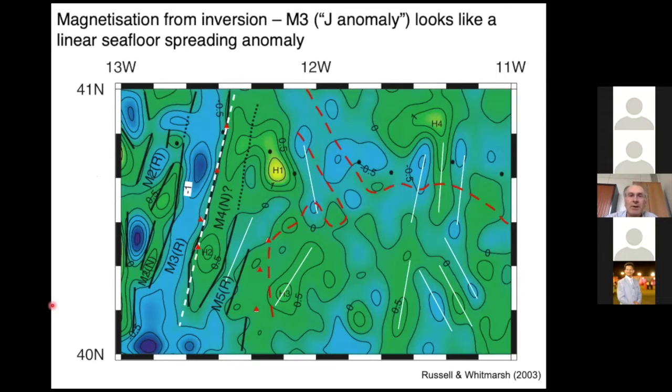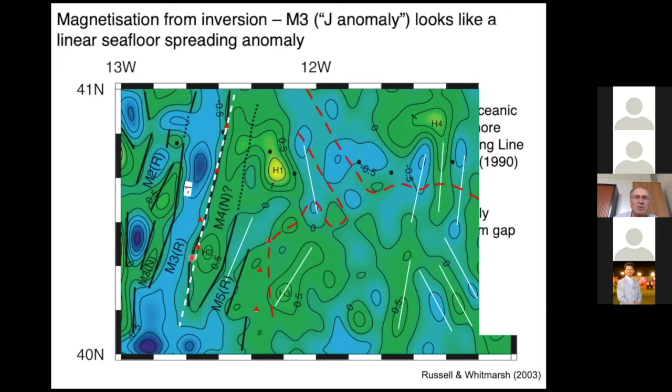This is a magnetization inversion from this area, and the interpretation here was that this J anomaly corresponds to Mesozoic anomaly M3, and then there's maybe even some older Mesozoic anomalies, this sort of weakly linear thing here. So J looks a bit like a linear seafloor spreading anomaly.